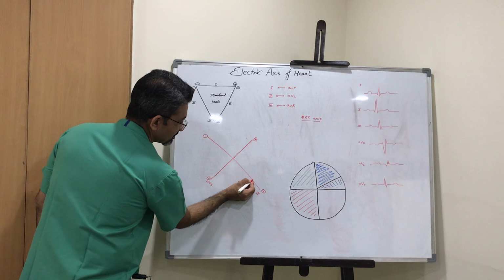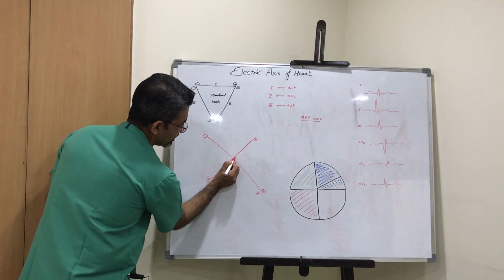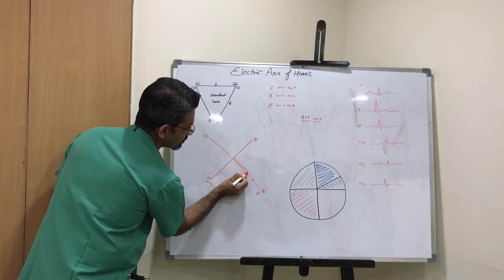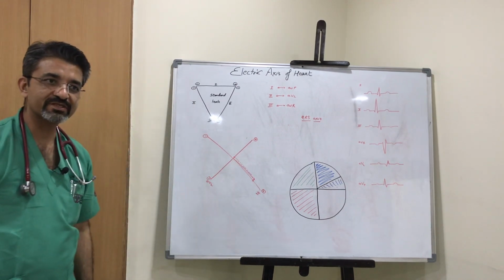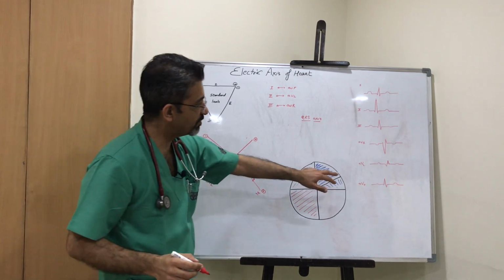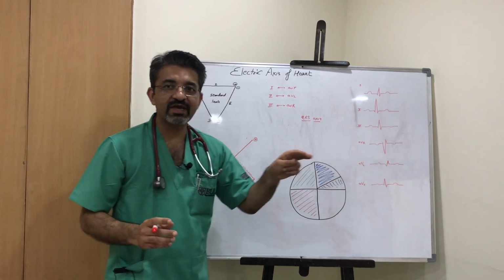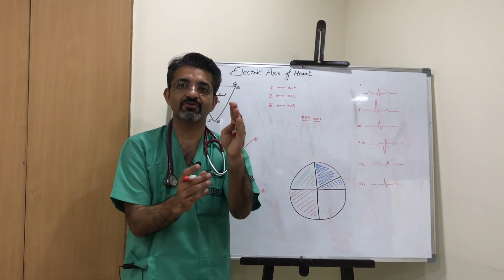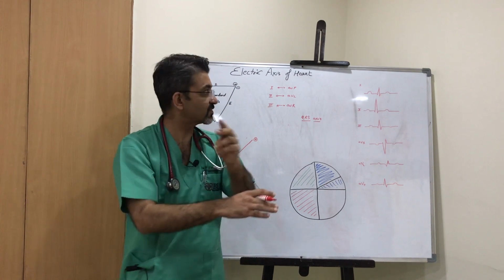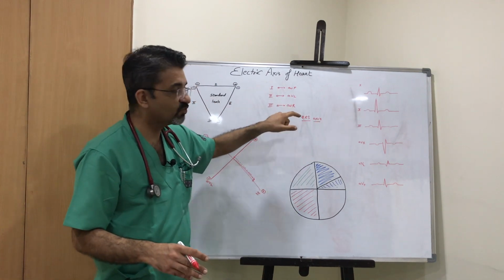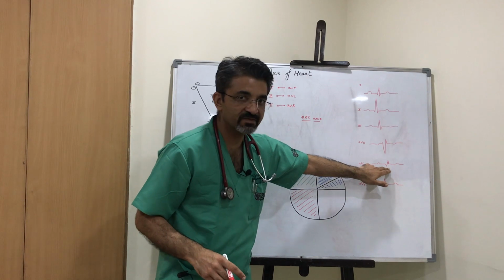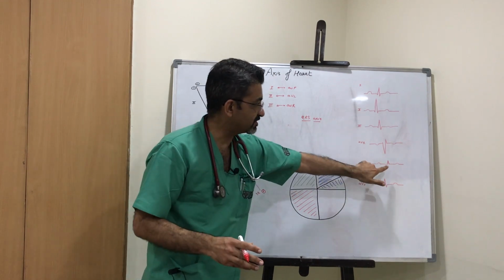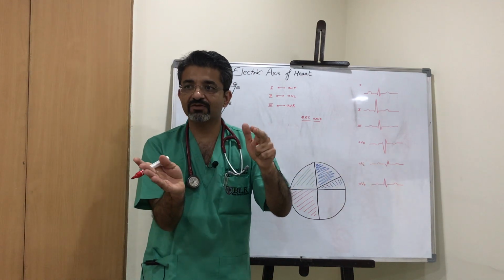So you have a good positivity here. So what will happen is you find a resultant vector like this. You're getting the point. So the moment it is equiphasic, you have the mean QRS vector which is directed exactly in the perpendicular direction to the perpendicular lead. The moment you don't have an equiphasic deflection, it varies accordingly. Either it will go towards the positive side if you have a positive deflection, or towards the negative side if you have a negative deflection.